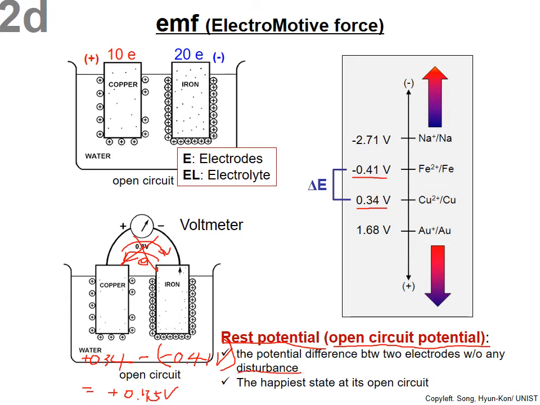So it is called rest potential because there is no disturbance. And sometimes it is called open circuit potential because there is no electron flow through the circuit. This rest potential or open circuit potential is the happiness state of each open circuit. Okay, that is the electromotive force.